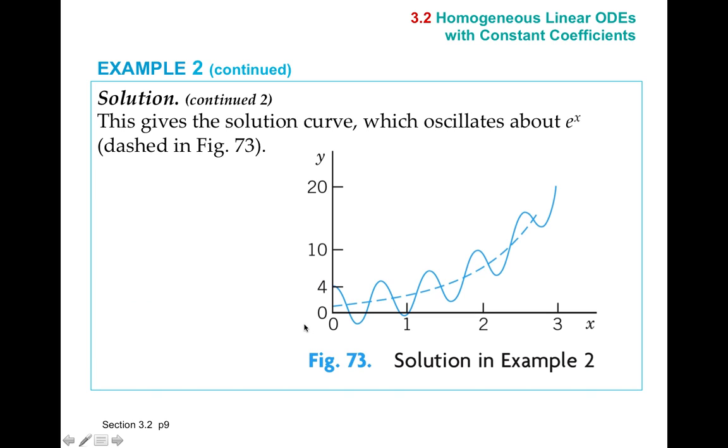In this particular case, we have this e to the x, which is a positive exponential, and added to that is this sinusoid. So this sinusoidally oscillating curve just follows this exponential track. This is an example of a system that would be physically unstable.